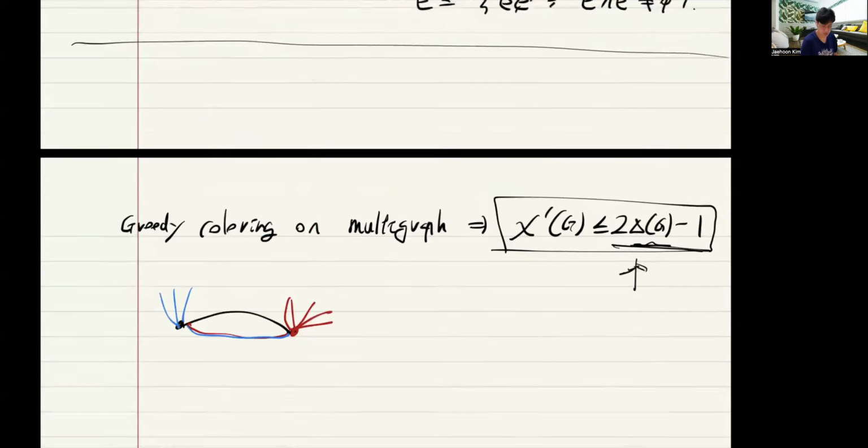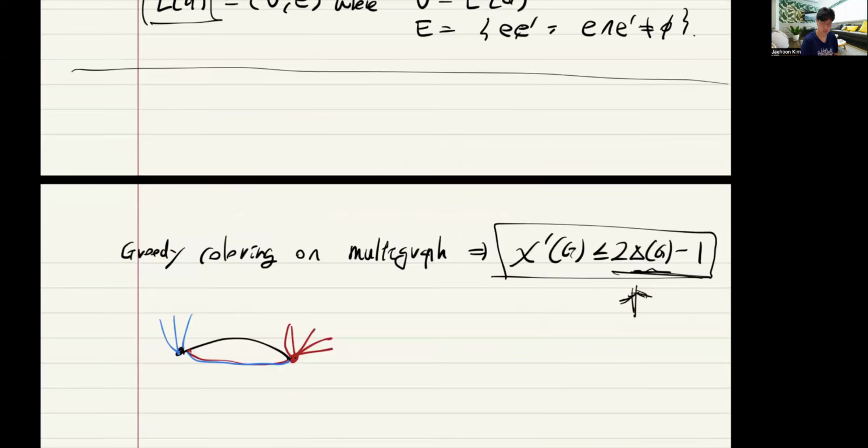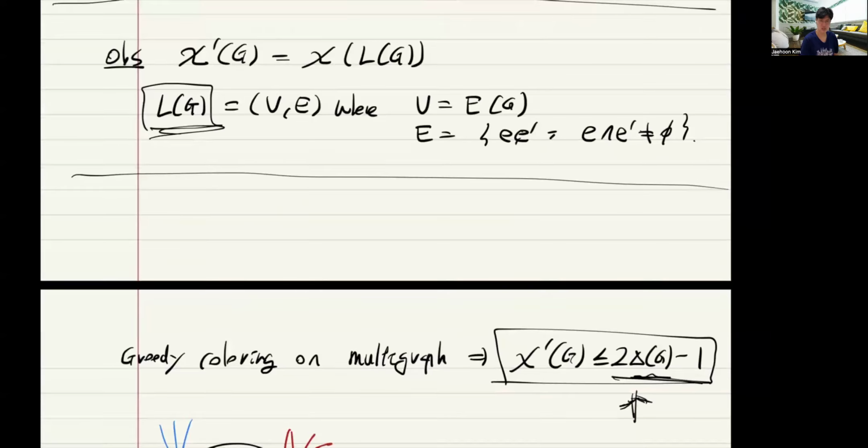But this line graph is not just any graph. Of course, when we improved this using Brooks' theorem, we used the fact that it is neither of those two graphs. But it has even more structure.